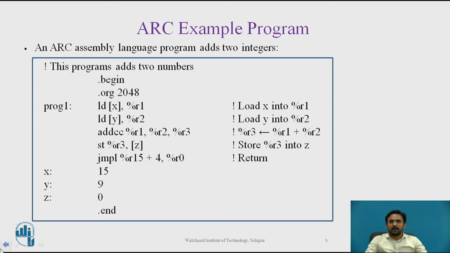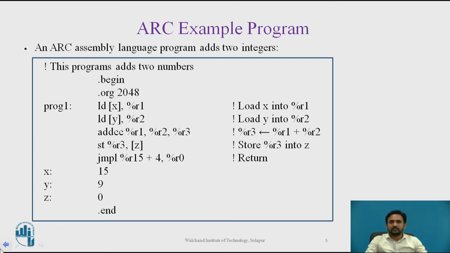We can add numbers that are stored in registers in the ARC. The addcc instruction adds R1 and R2 and places the result in register 3.